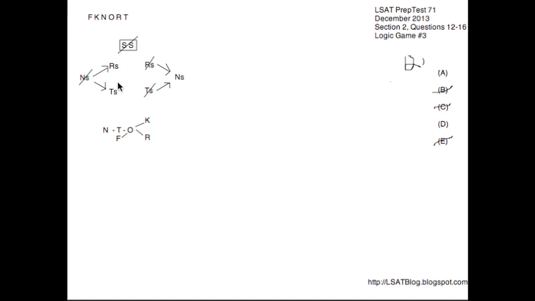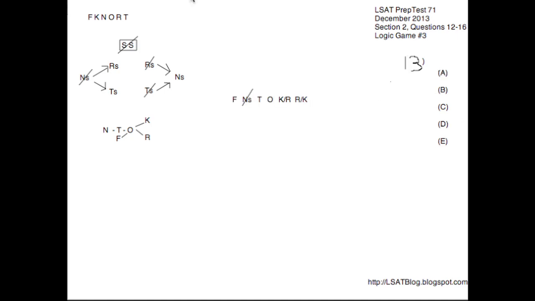If N is not summarized, then both R and T must be summarized. So in choice A, N is not summarized, but T and R will be summarized, so that's good. But looking at D, N is not summarized, yet R is not summarized either. This is unacceptable, so D is gone, leaving A as our answer for number 12.